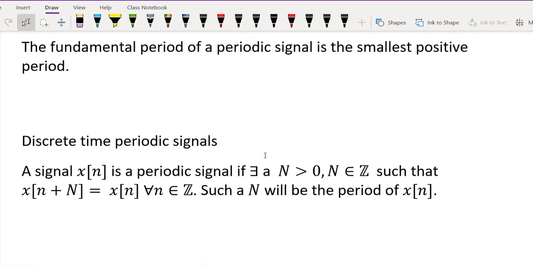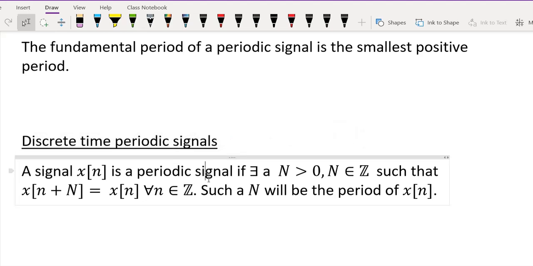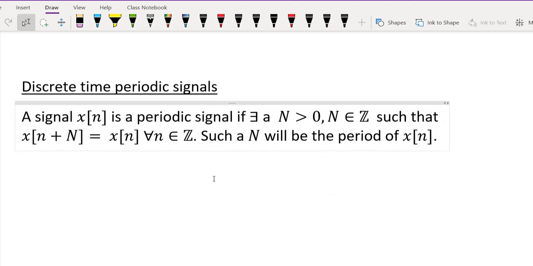Now let's talk about discrete time periodic signals. The definition is very similar to that of continuous time periodic signals, except that x of n now is a discrete time signal. Note the difference in the notation. I'm using square brackets instead of parentheses, and this n must be an integer.